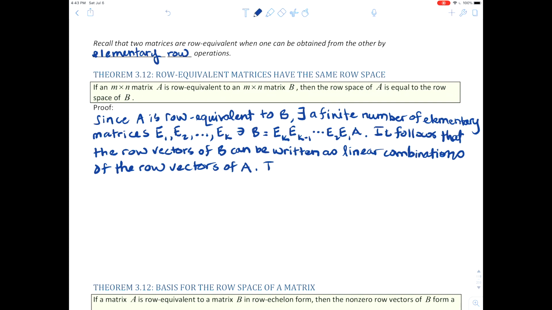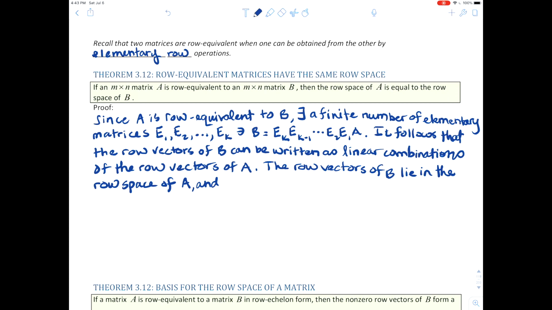All right then, well, the row vectors of B, what can I say about them? Beautiful. They're going to lie in the row space of A. And what else?